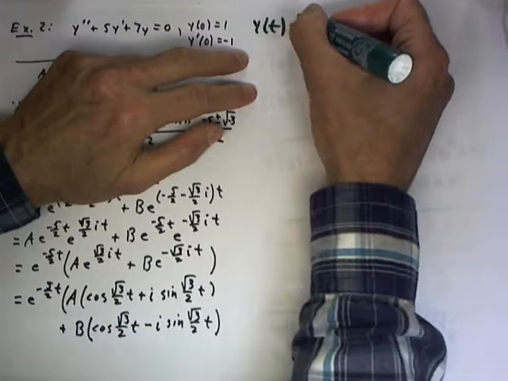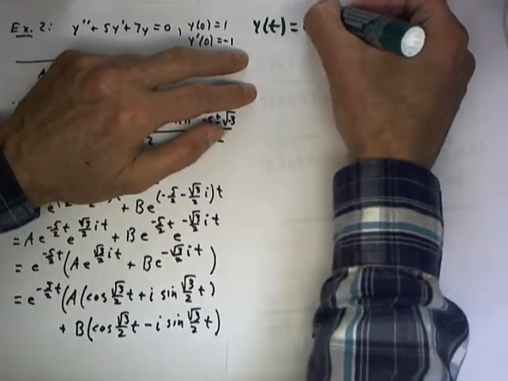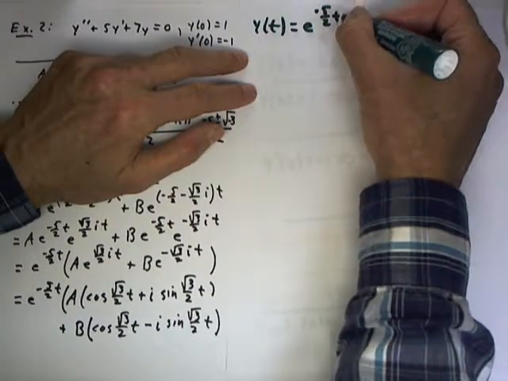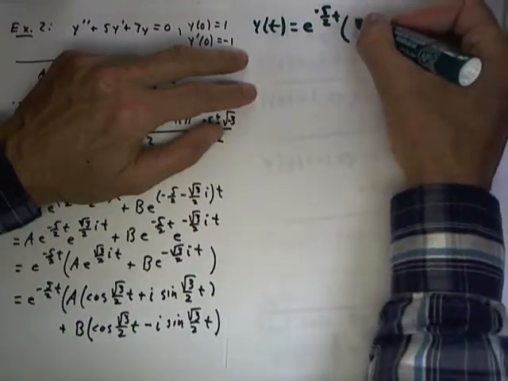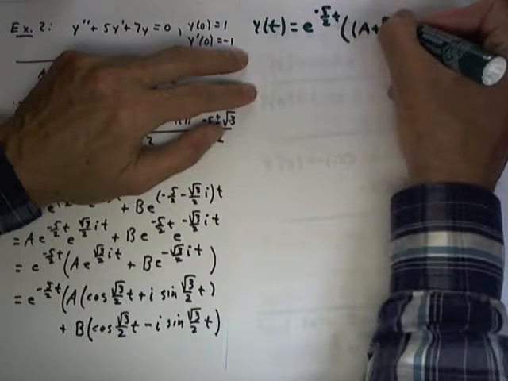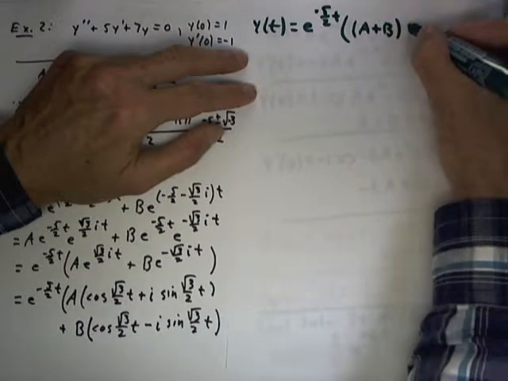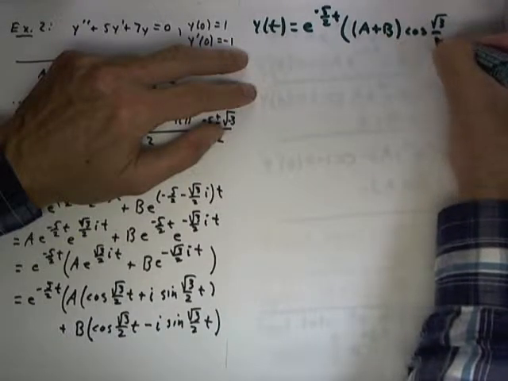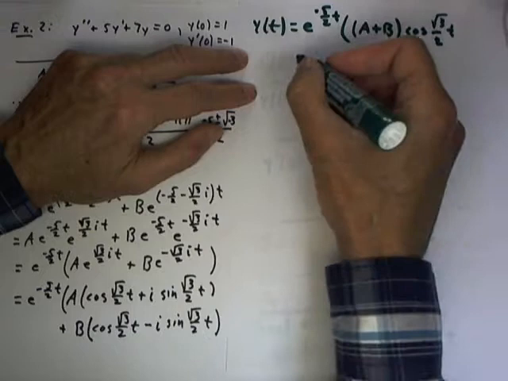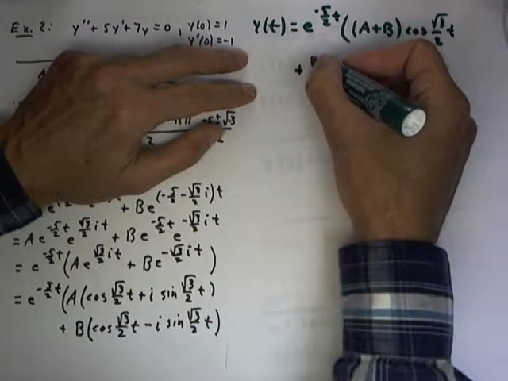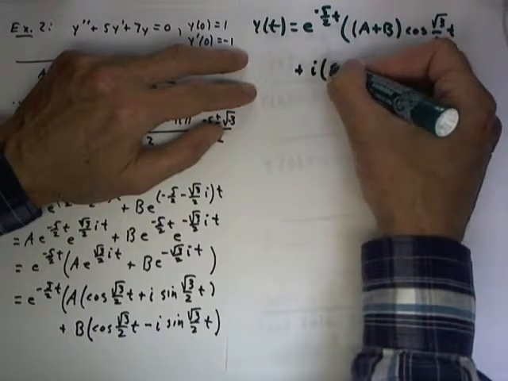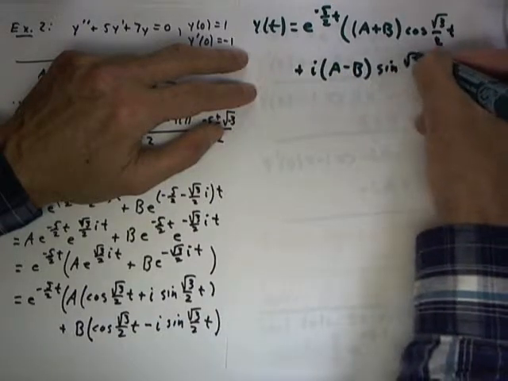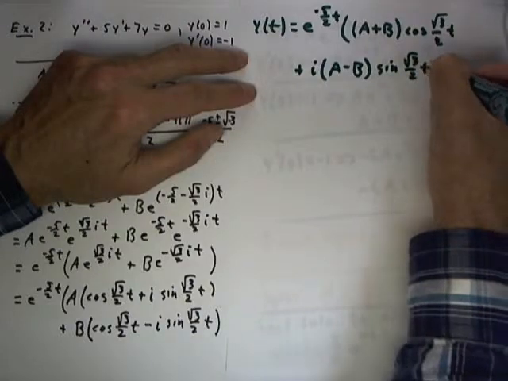We can write this as then y equals e to the negative 5/2 t multiplied by the quantity a plus b, cosine square root of 3 over 2 t, plus i times a minus b, sine of the square root of 3 over 2 t.